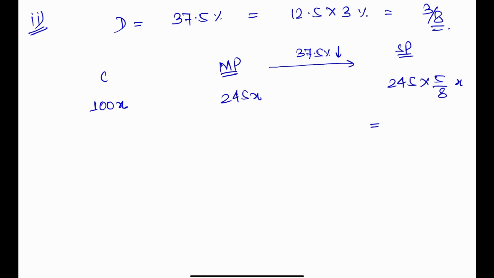245 into 5 by 8, that comes to 30.625, into 5, so it will be 153.125x.